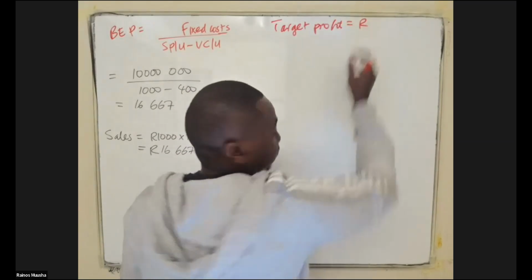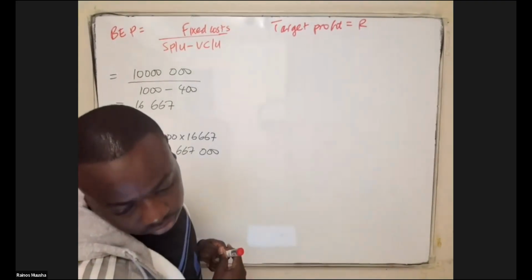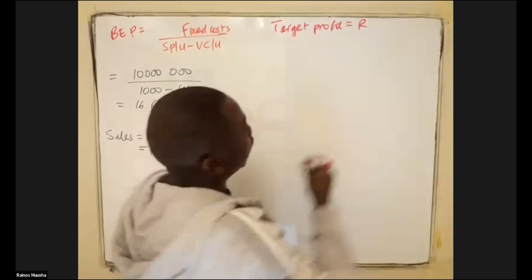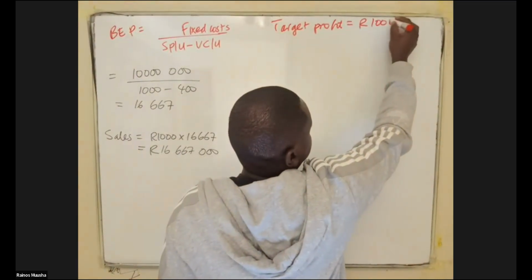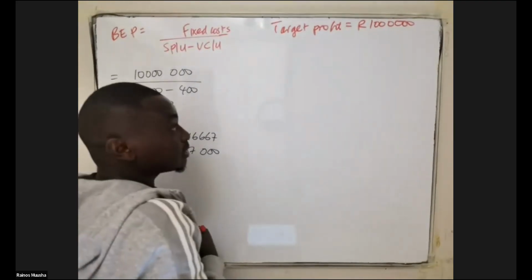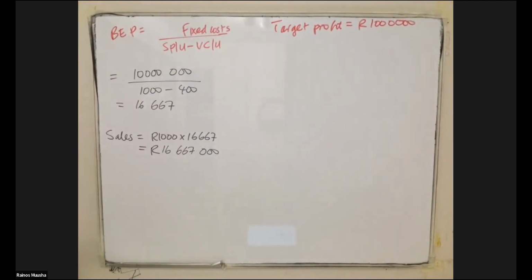is equal to 1 million. Our target profit is equal to 1 million. So we need to find out exactly how many units we need to sell to achieve this target profit of 1 million.